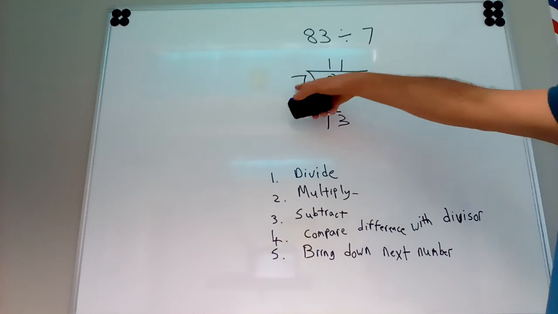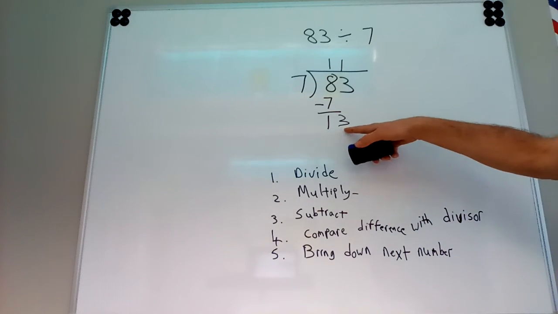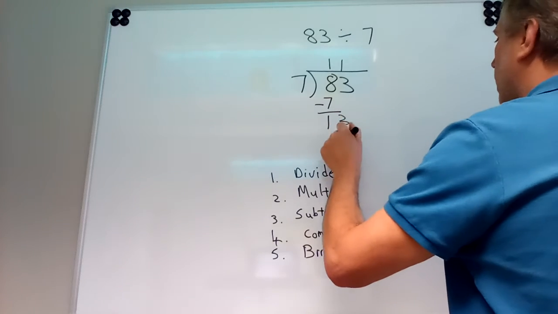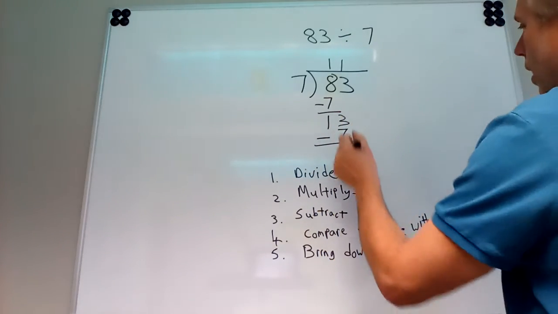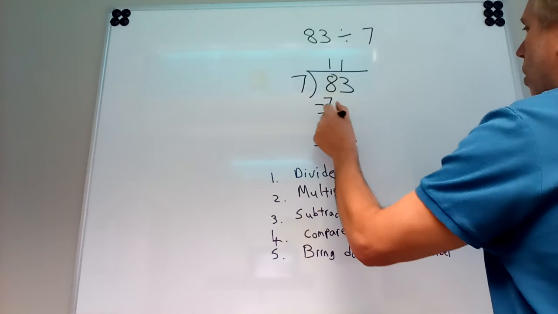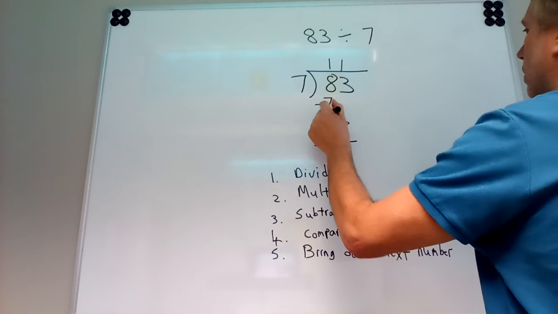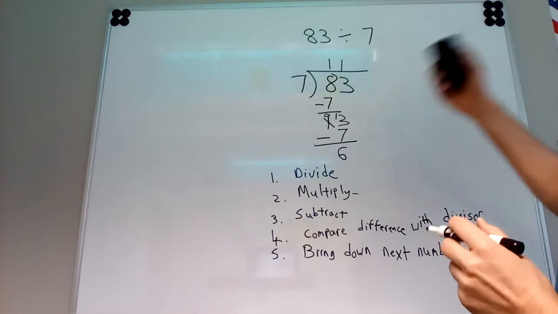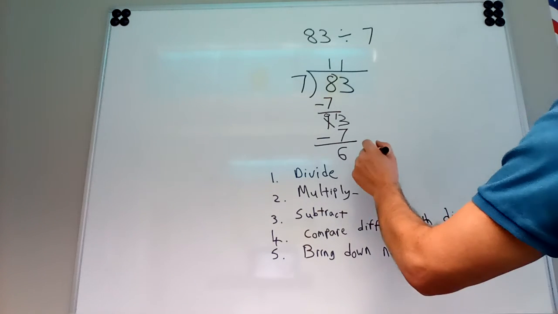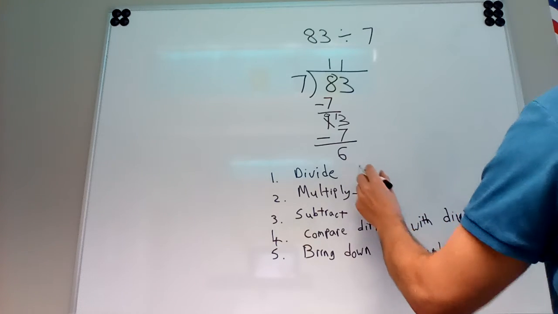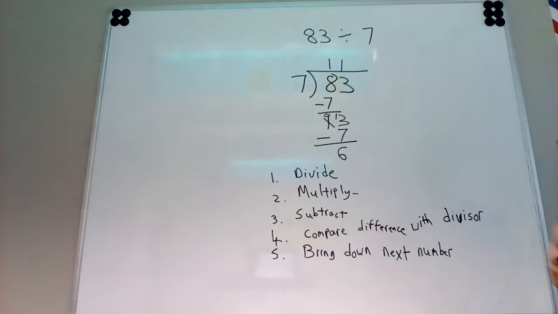So it's only going to go 1 time. Okay, 1 times 7 is 7. So I put my 7 here. I would subtract, and that would give me an answer of 6. I have to borrow there for that. Okay, 7 from 13 is 6. So now I've got a 6. I have nothing to bring down here. This number is smaller than this number, so I can't divide it again.